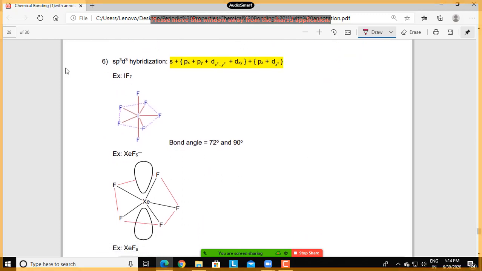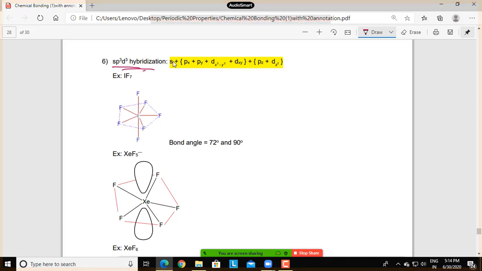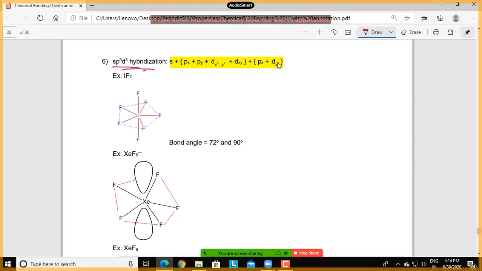Next is sp3d3 hybridization. Means you will take s, px, py, pz. All three you will take.